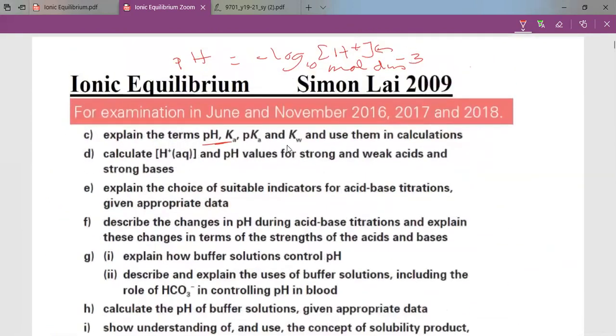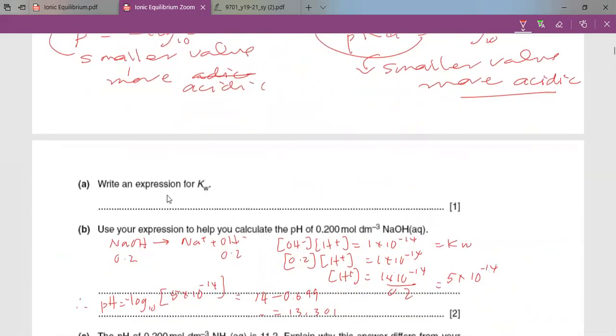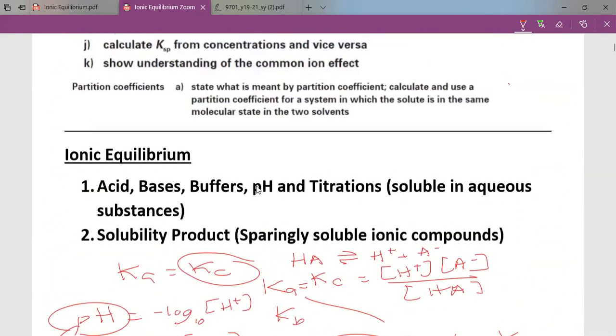Okay, Kw, of course, is for water. Let me give the expression for Kw now. For water, it is also reversible: H2O reversible to H plus and OH minus. So you can put Kc is equal to H plus and OH minus over H2O.